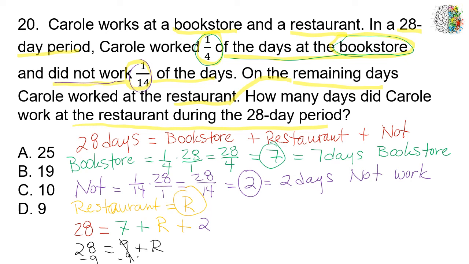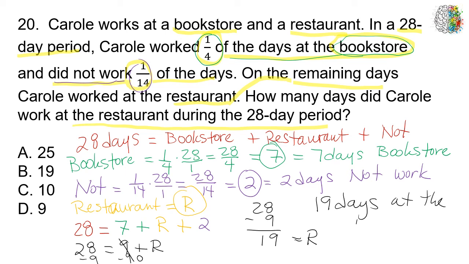That cancels out to give me 0. So 28 minus 9 gives me 19 equals R. That tells me I've got 19 days at the restaurant, and that is going to be answer B.